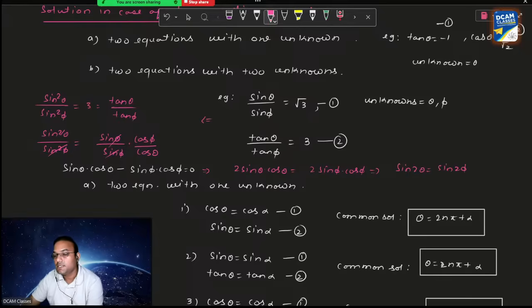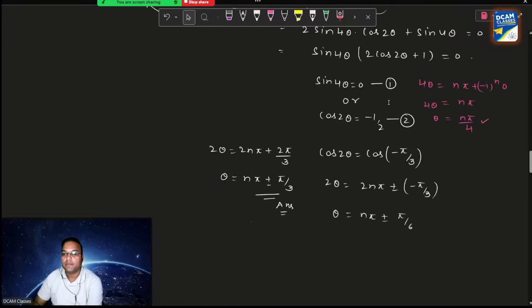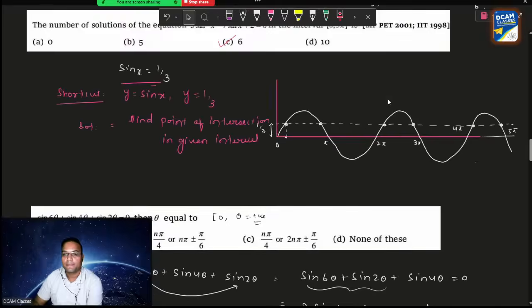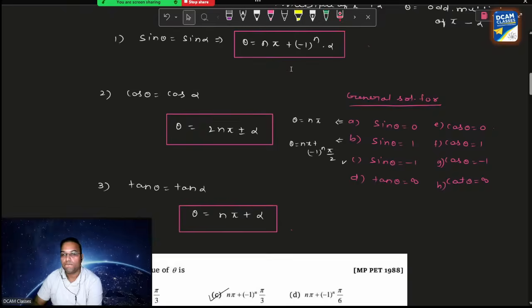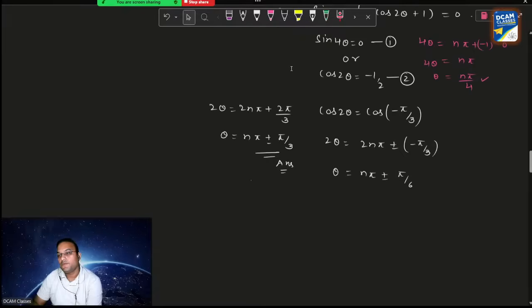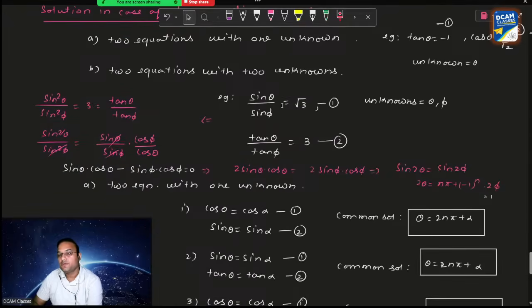Now it's easy. 2 theta is equal to n pi plus minus 1 whole power n into 2 phi. That's the solution, or sine theta is equal to sine phi. This is the way to solve this.